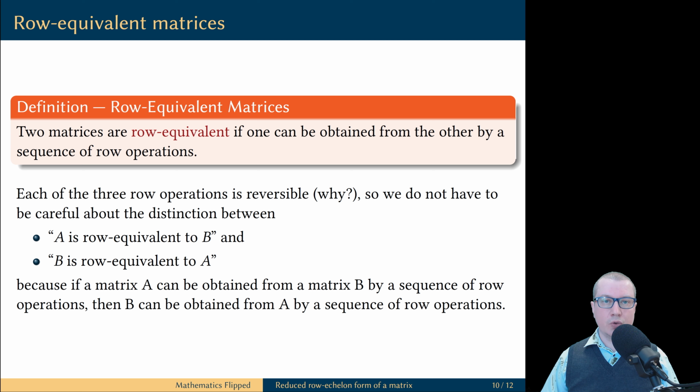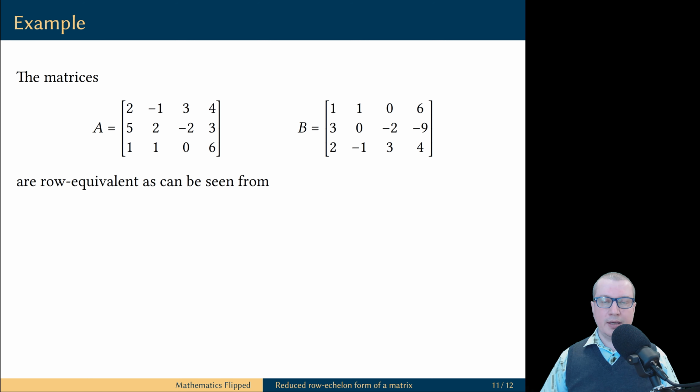Each of the three row operations is reversible. Please think why. And therefore, if a matrix A can be obtained from a matrix B by a sequence of row operations, we can also obtain a matrix B from a matrix A simply by reversing that sequence of row operations.